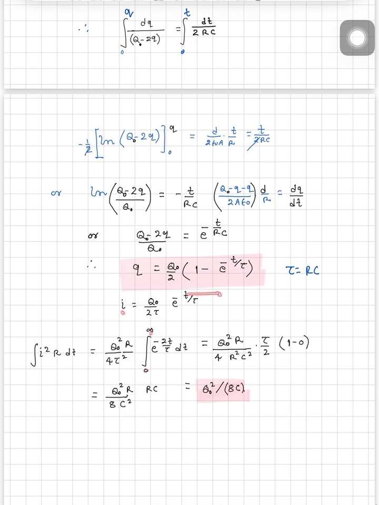We have to find the total heat loss till the current exists. So we integrate it, place the value of tau as RC, and we finally get this expression of total heat loss, right?